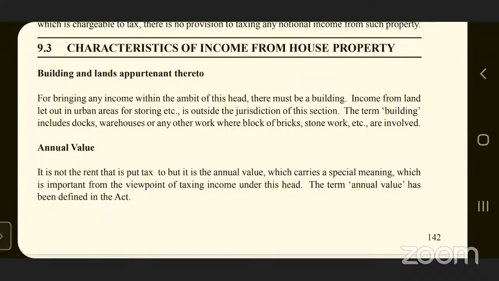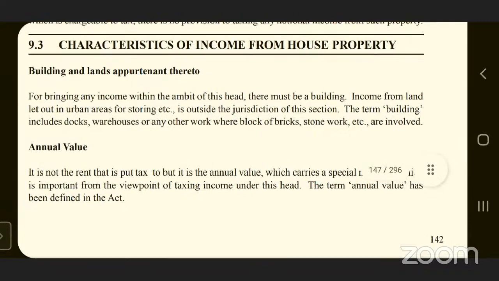Sometimes some land is also attached to that building, which may be given on let out purpose. When the land is attached to the building, then all the income arising out of that particular building along with the open space is also called income from house property itself.